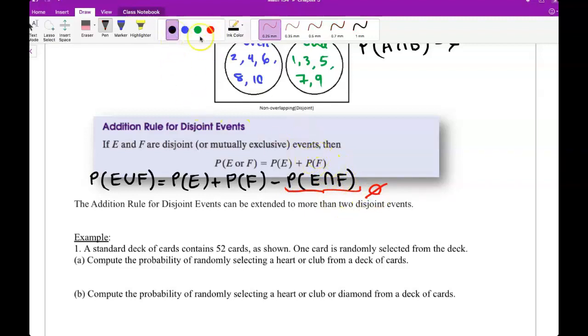If I wanted to write this in words using and or instead of union and intersection: when you have union, we have or, and when you have intersection, this is and.